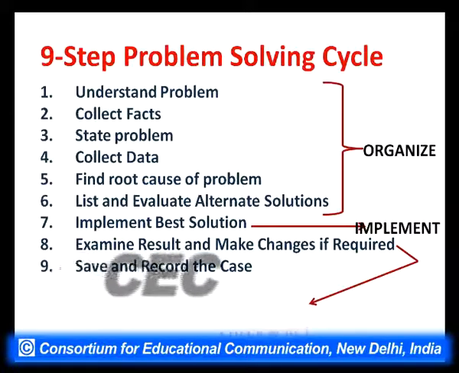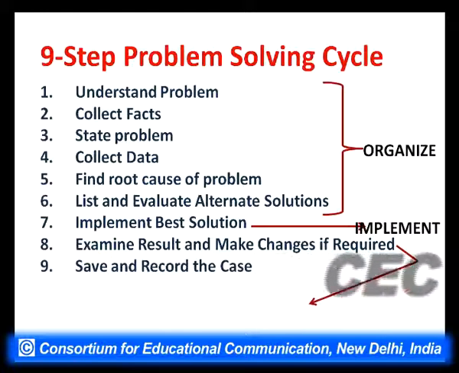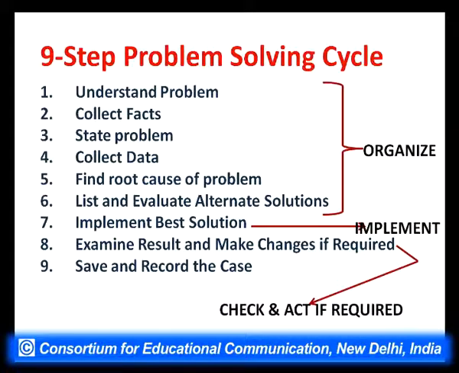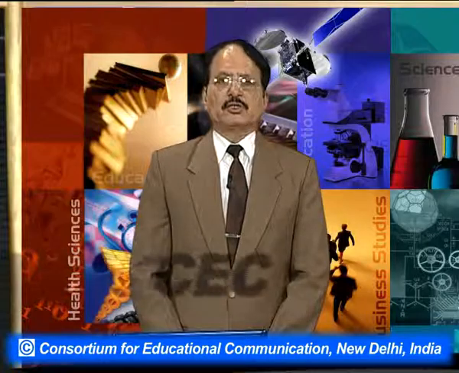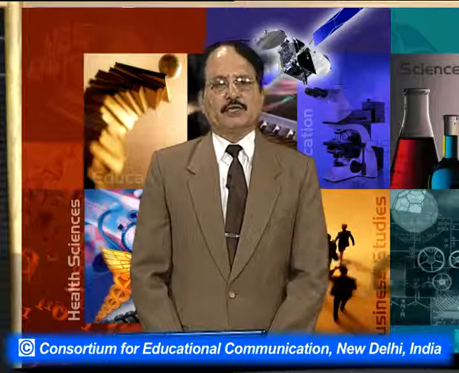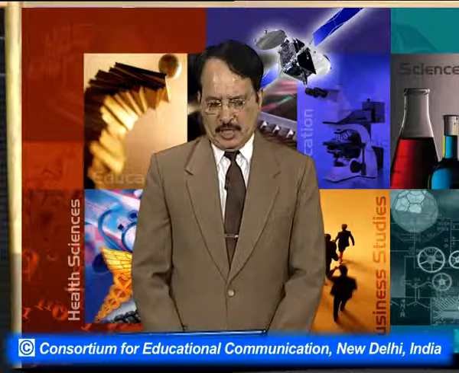And next one is check and act. I am going to replace it also: check the results and act if required, because action will be taken only when the results are not proper. If there is a gap between the results achieved and the results sought, only then will action be taken. That is why I have written check and act if required.